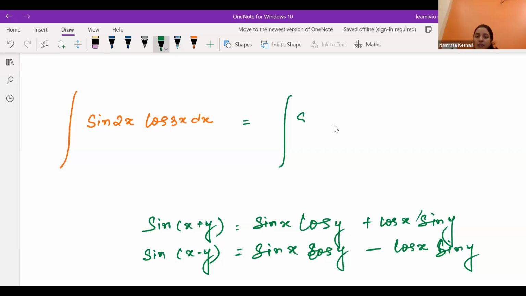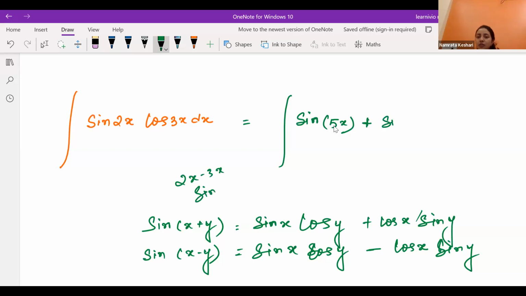We'll have sin of 2x plus 3x, that is 5x, and plus sin of 2x minus 3x. 2x minus 3x is sin of minus x.